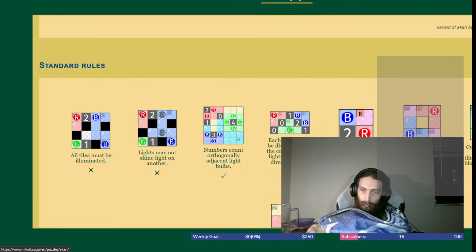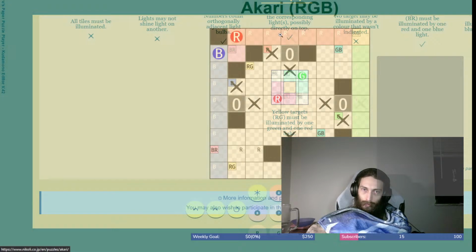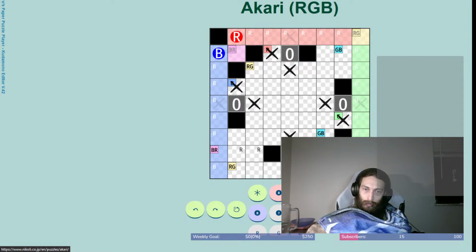If we buy one blue and one green. And then, so this is red. And so that can't be red anymore. So that's red. And then it needs a green, so that's green.